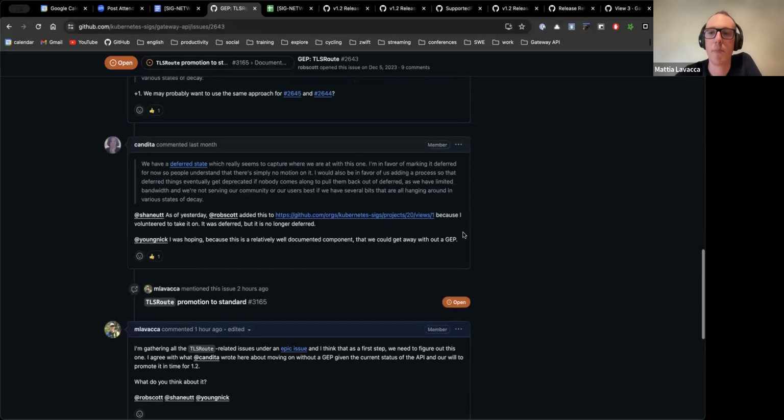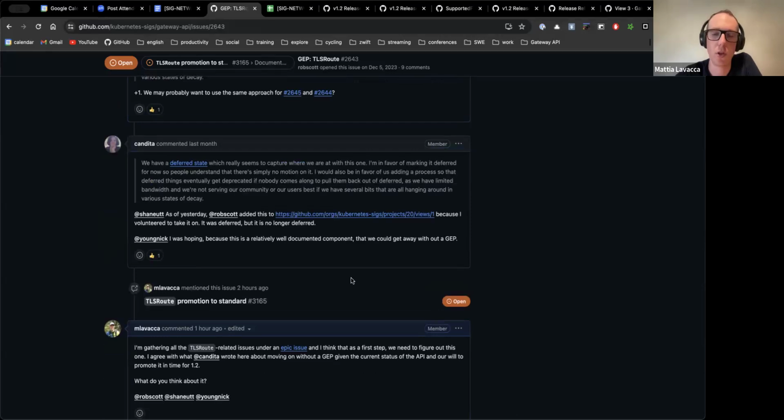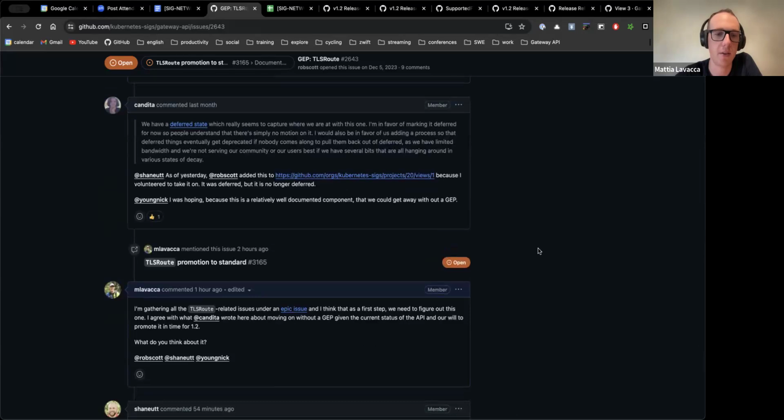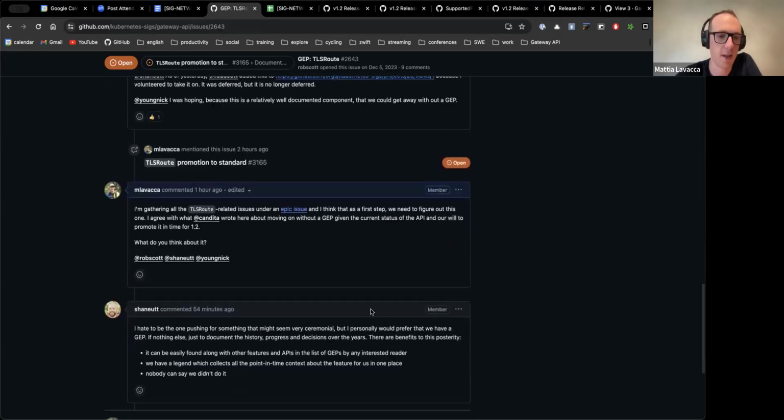Candida proposed not to use a GEP for TLS route. I agree with what she said, and I wanted to gather feedback about the need of having a TLS route GEP, which in my opinion doesn't make too much sense because it becomes kind of a book on what has already been written and created.